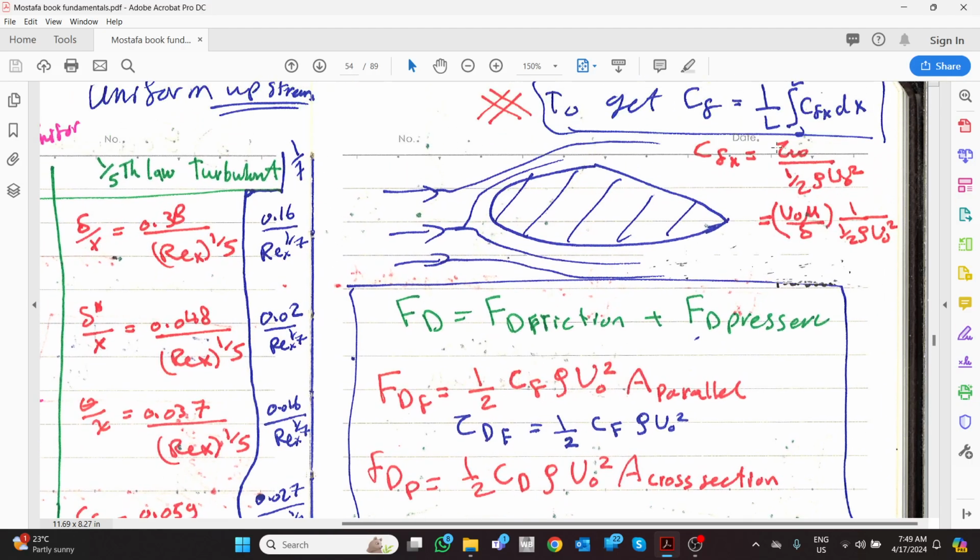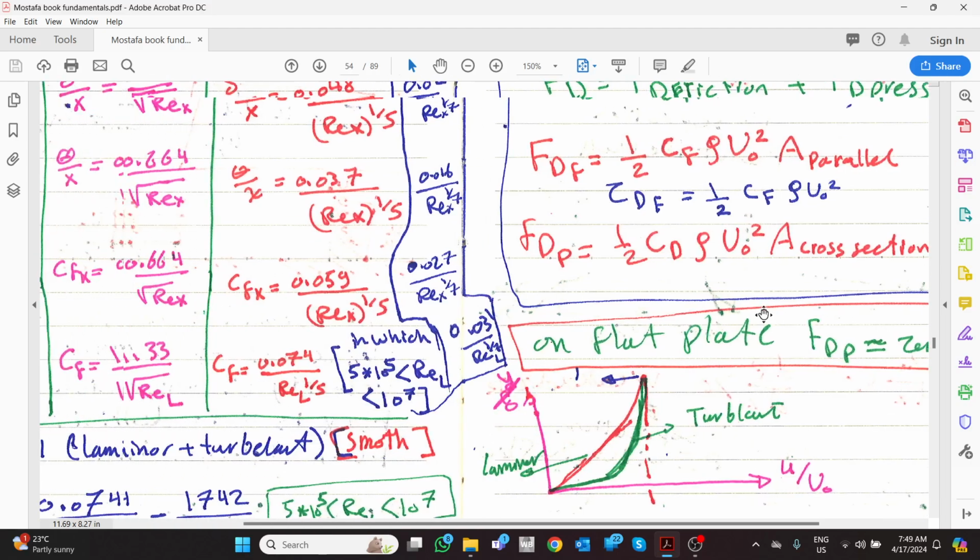And if you write the formulas, and you know CFX is equal to all of this, you can get what the CF is.